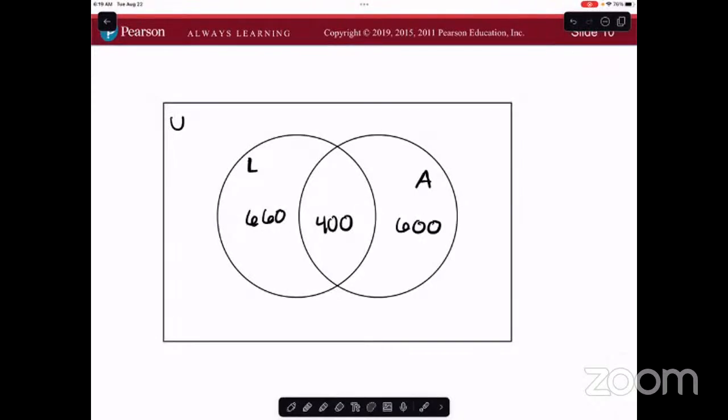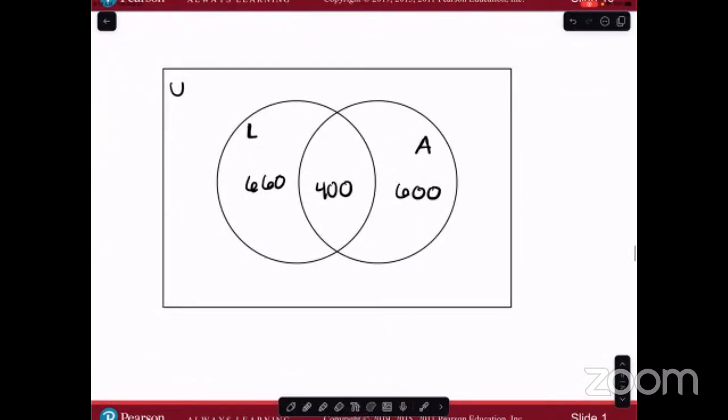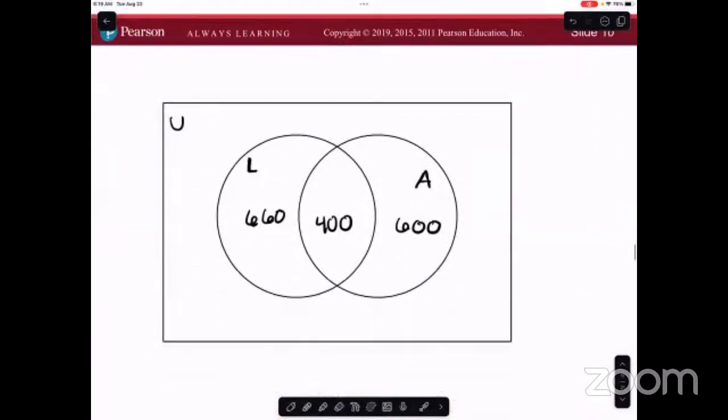If 2,000 people were surveyed, our universal set needs to total 2,000. That's 1,660 so far, so 340 people don't fit in either of these categories. These are Americans. Is that correct? I think we're okay. Let's go with this and see how we do.